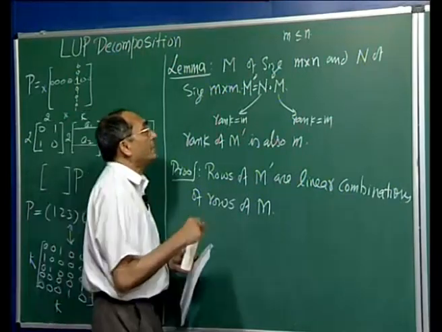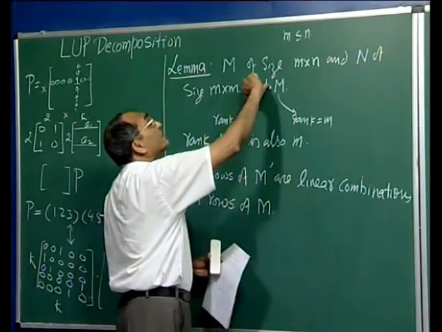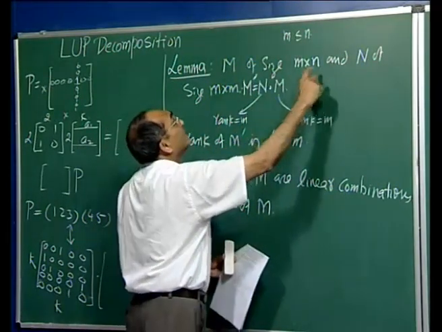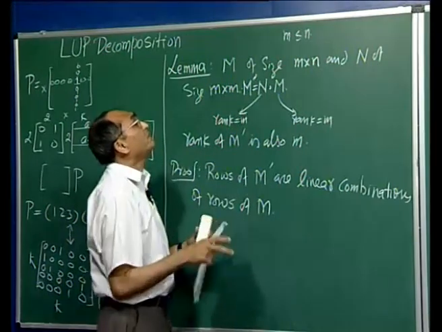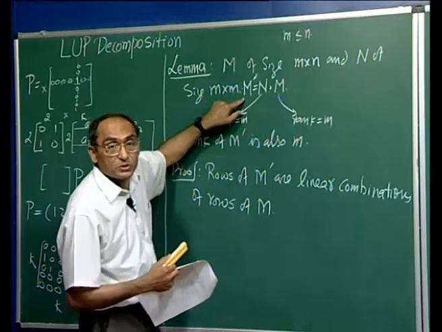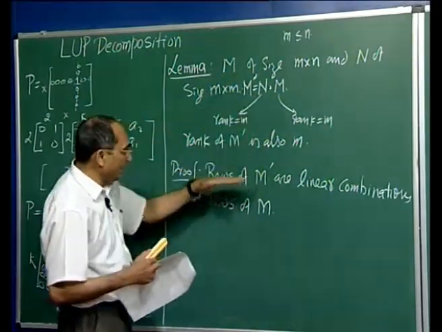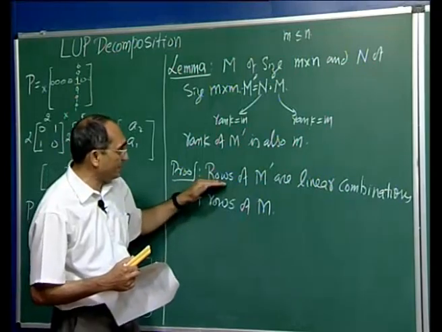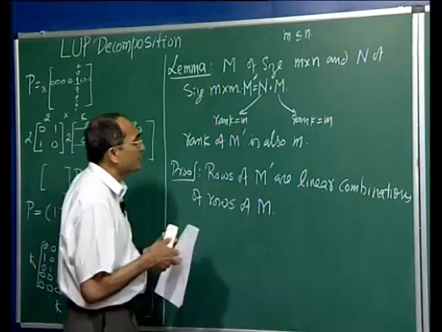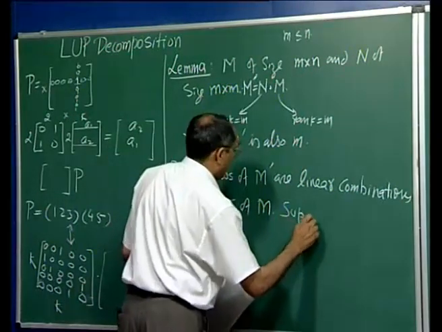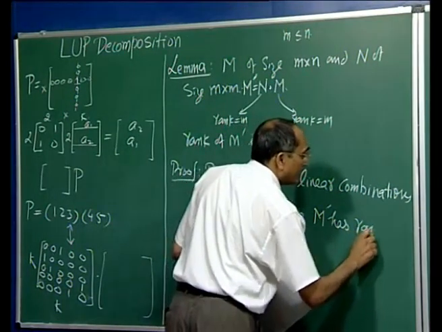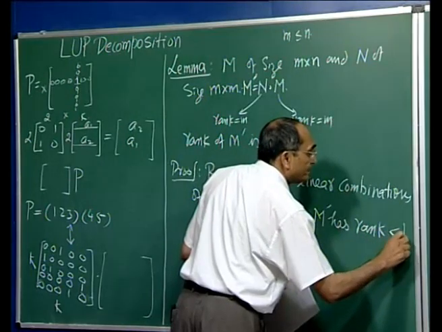Because you take the first row of N and multiply. Those coefficients are multiplied to various rows of M and you combine them, and that makes the first row of M prime, and so on. So each row vector of M prime is a combination of rows of M. Now, suppose M prime has rank strictly less than k, less than m.